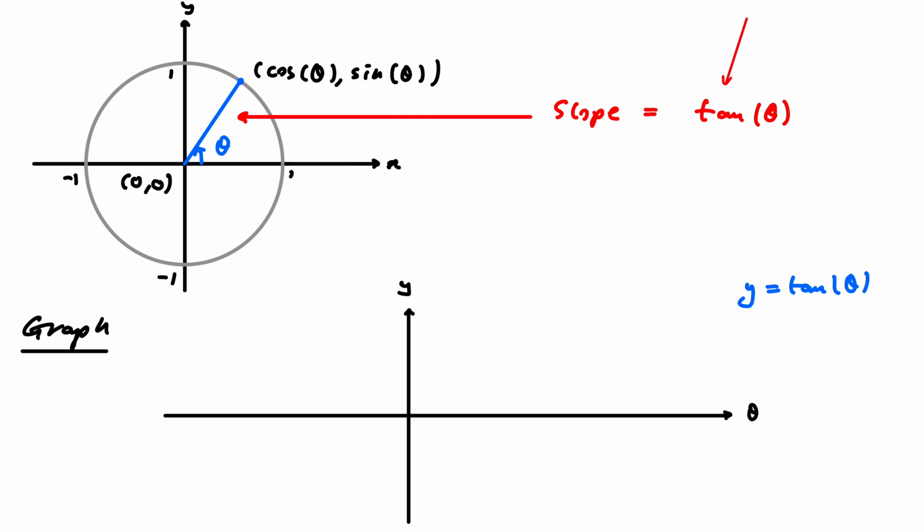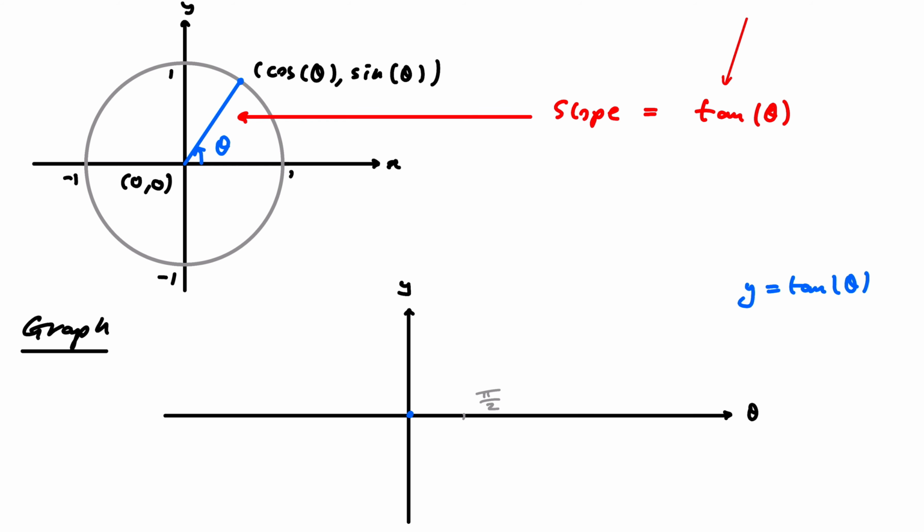To begin with, at 0 would be this position. That line there is horizontal, its slope is 0. So I know at 0 I'm going to have to be 0, right here. Let me mark a few other positions on this now, just so that we've got some positions which we are going to use as reference. Let's mark the position pi over 2.